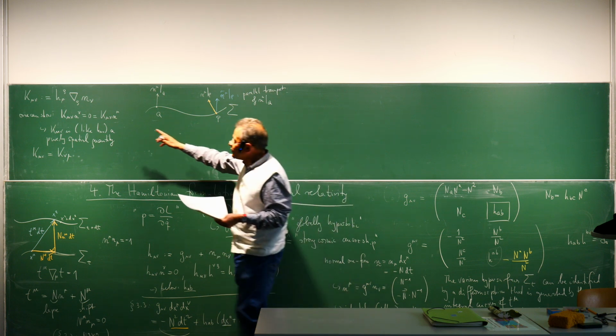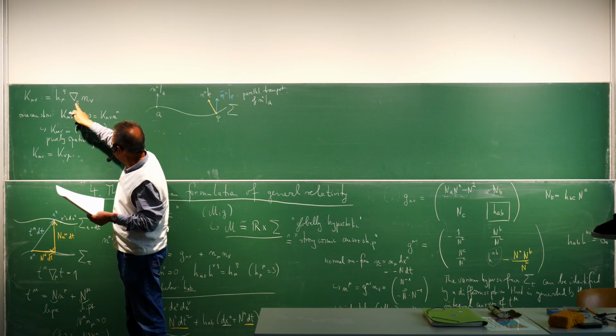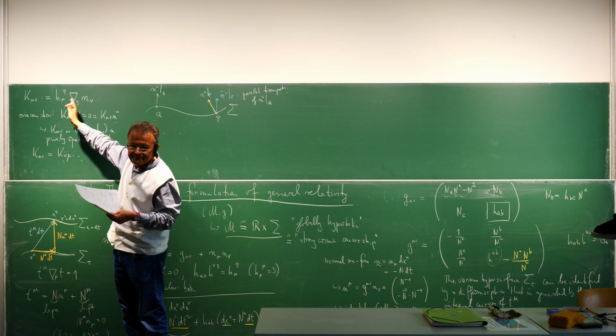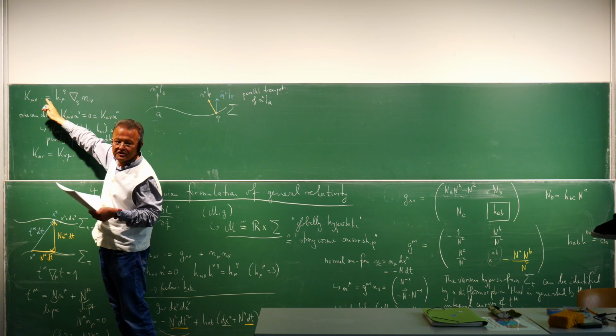And it's clear from this nabla that if n^μ does not change, this K is 0. But if this n^μ changes, then you get a non-zero.